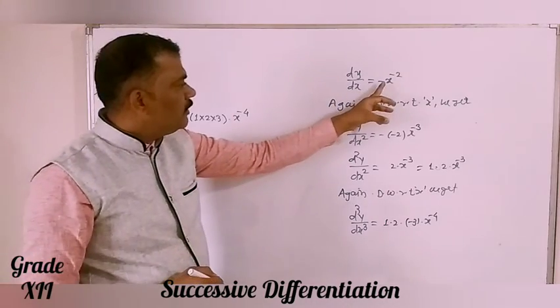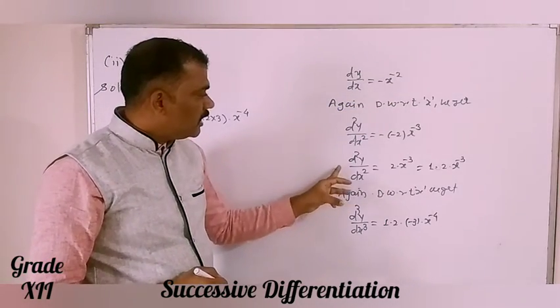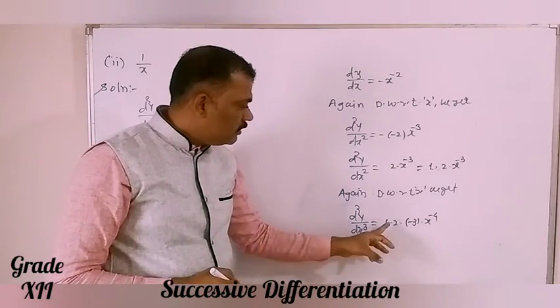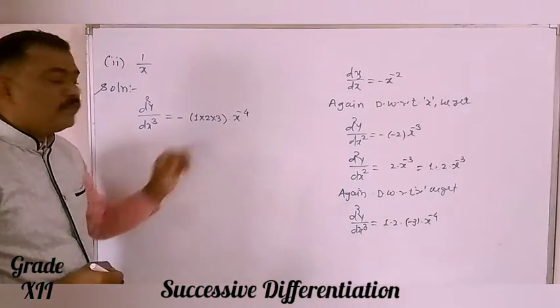Also for the first order derivative, 1 is the coefficient. For the second order derivative, the factors are 1 into 2. In the third order derivative, the factors are 1 into 2 into 3.